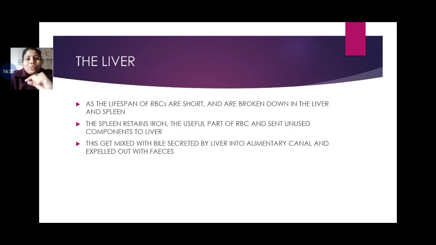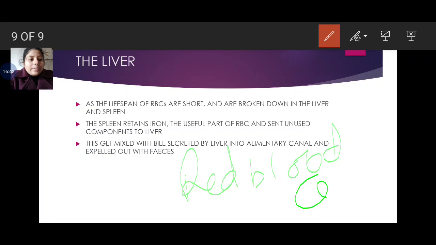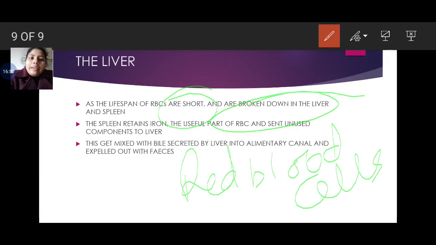Students, see over here, which is important. Here we are talking particularly about the red blood cells, RBCs. They have a short lifespan, and they are broken down where? In the liver and the spleen.